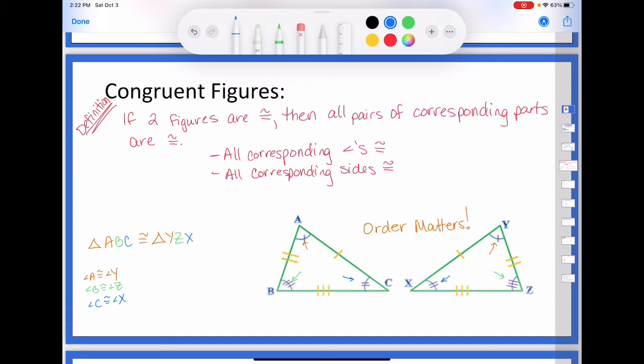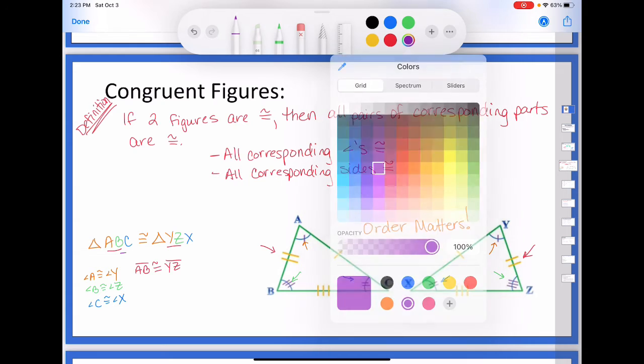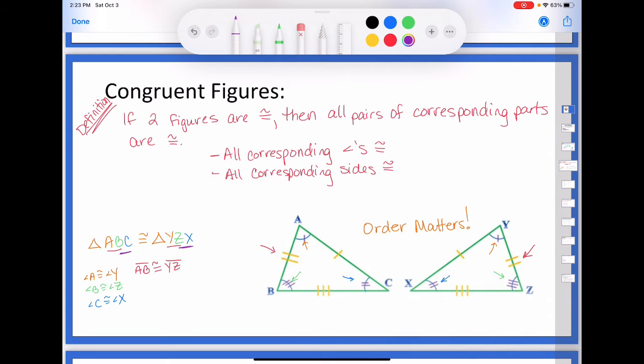Now this also works for segments. You can see segments by looking at two letters, right? So the first two letters here were AB, and the first two letters here were YZ. And we notice AB does correspond to YZ because they're congruent. AB, congruent to YZ. Then I can look at the last two letters, BC and ZX.